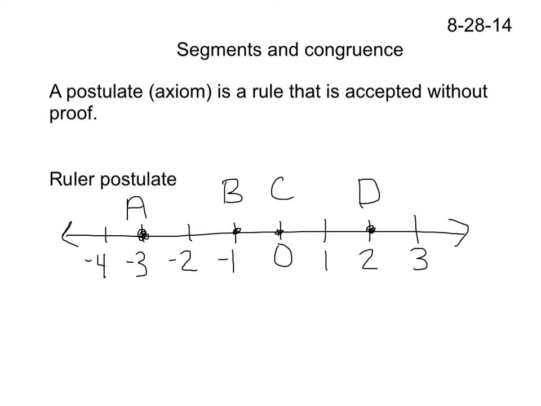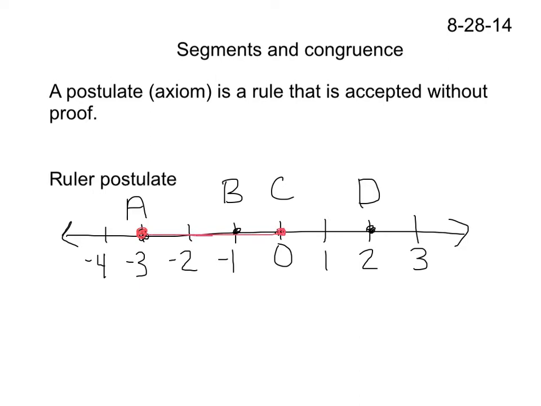The reason that we need those numbers is for the location. What we're going to be talking about today is how to find the length of segments and the distance between points. So let's say that we wanted segment AC.